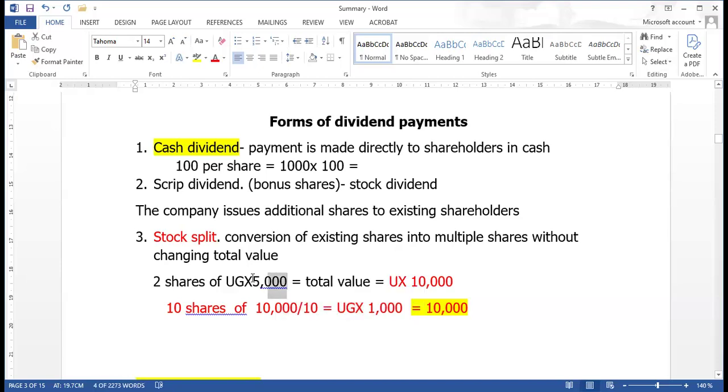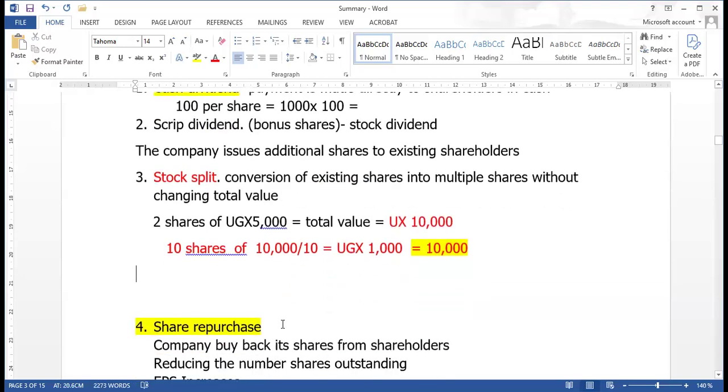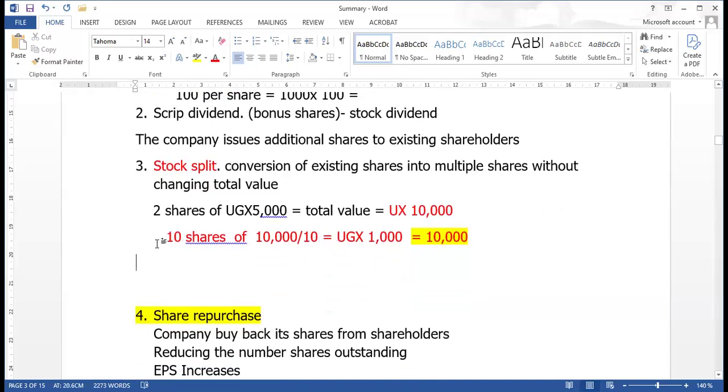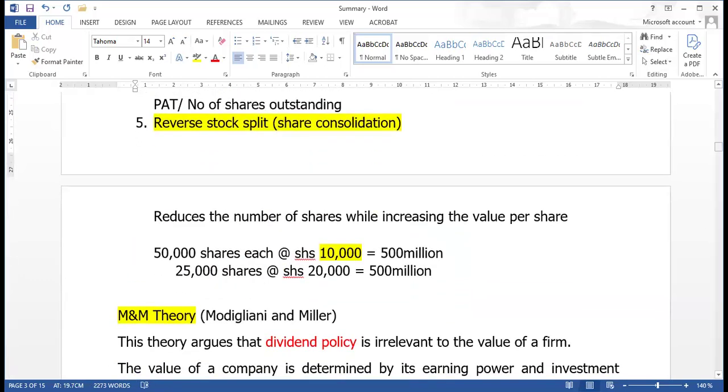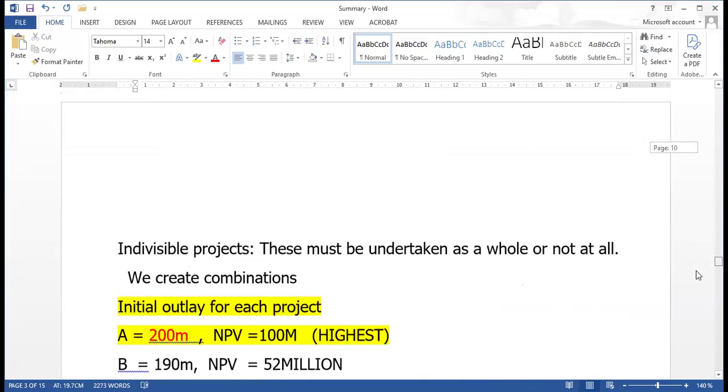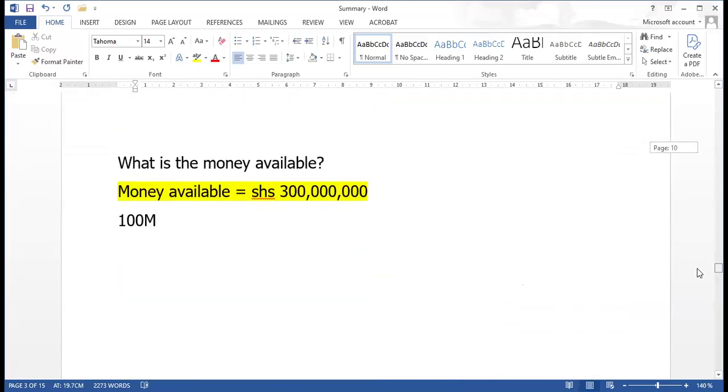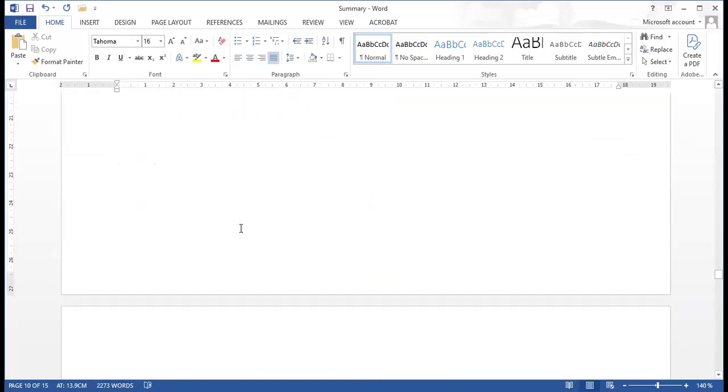Because if the share price was 5,000, now it is 1,000. And colleagues, when you know this, the points can come out clearly: the advantages, the impact on share price.